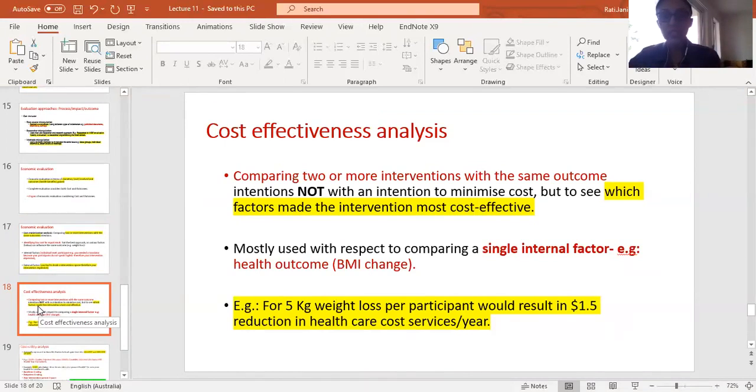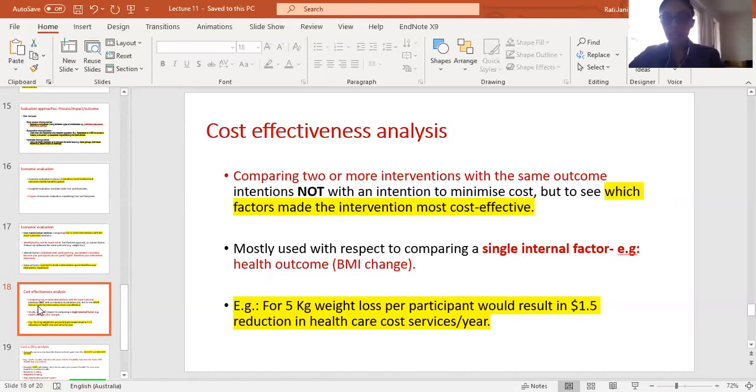So at the end, your main thing over here is how much less it will cost the healthcare services. Say your intervention is about weight loss, all right? So weight loss is the common variable which you want to compare over here. So weight loss of 5 kgs is what you want to compare.